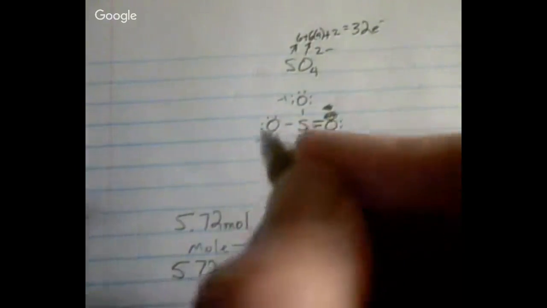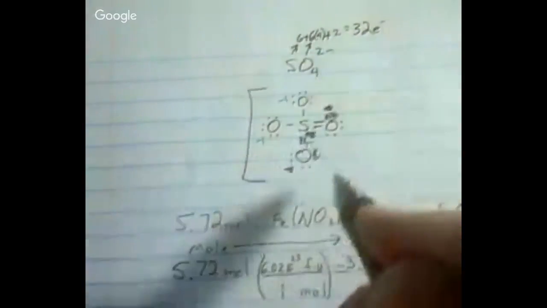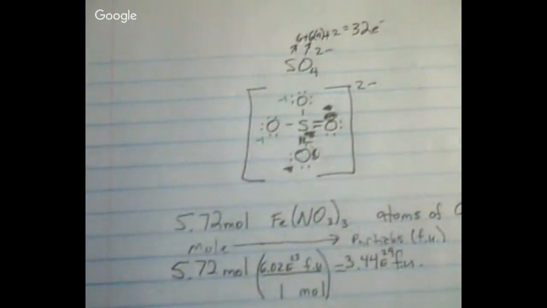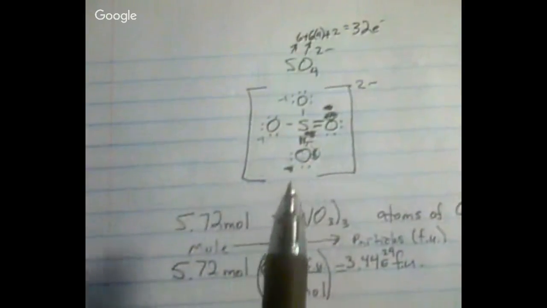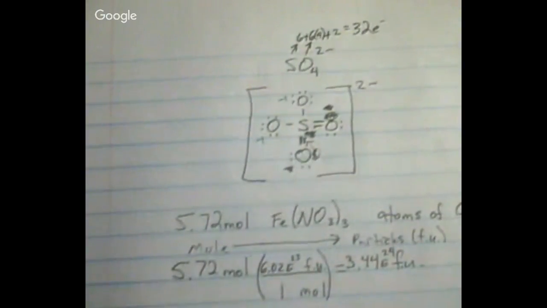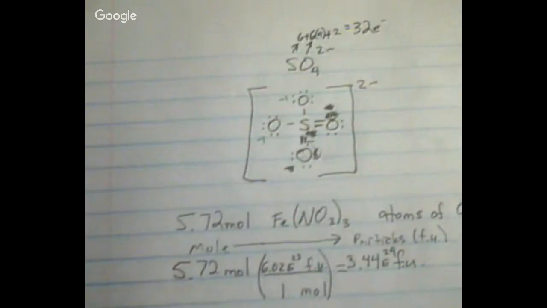Then this polyatomic ion, to show that it has a charge, we put it in brackets, and we put that charge up in the top right. So that would be our best structure, and then even a little bit farther in terms of resonance, we could actually get, I want to say, 6 structures of this, which I'm not going to draw because that would take a lot of time.